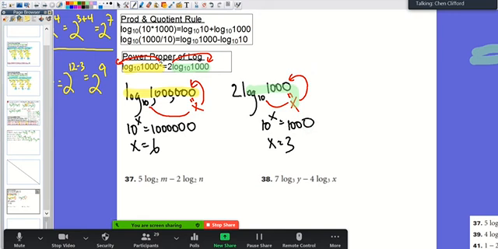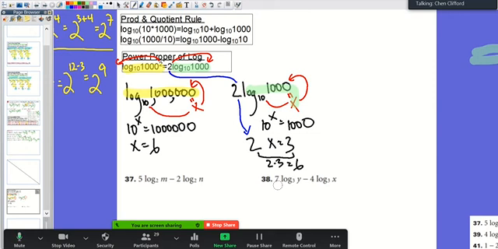Don't forget to bring down this 2. I'm going to bring down the 2 here. And 2 times 3 is equal to 6.